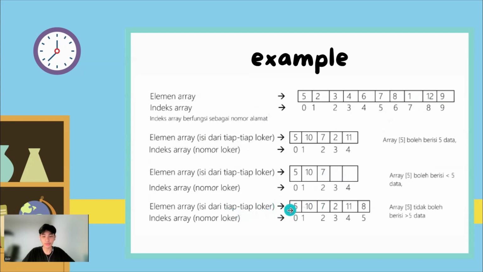I cannot fill in more data than the columns that I have. It means if I only have 6 columns, I can only store 6 or fewer. If more than the columns that I have, it will not be stored in the array.